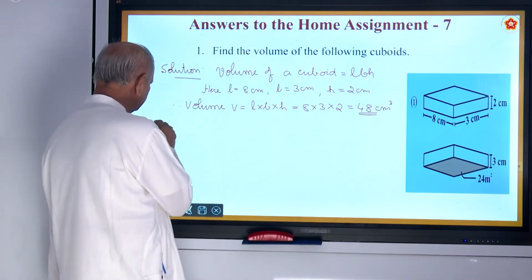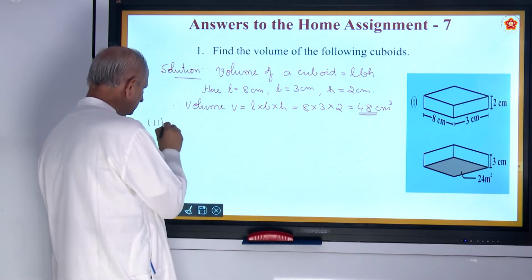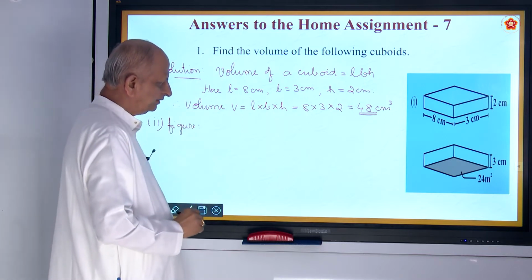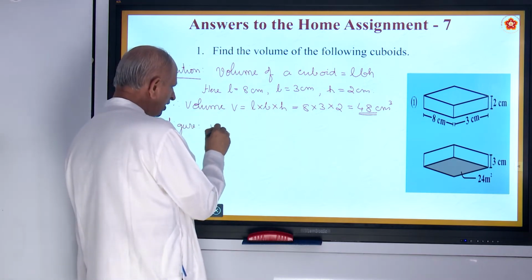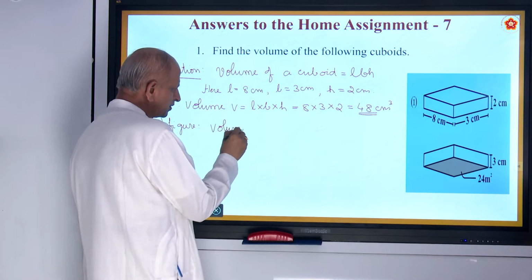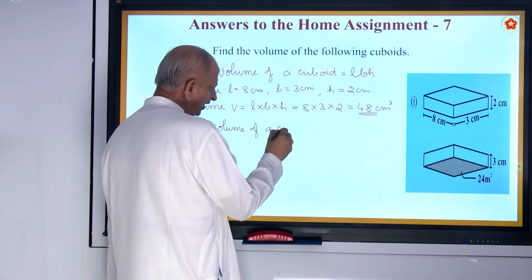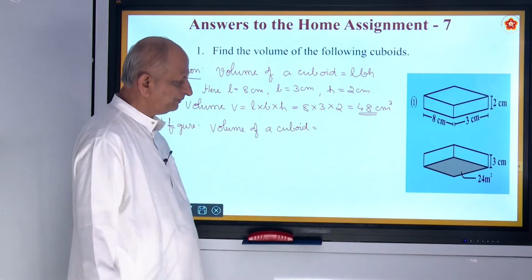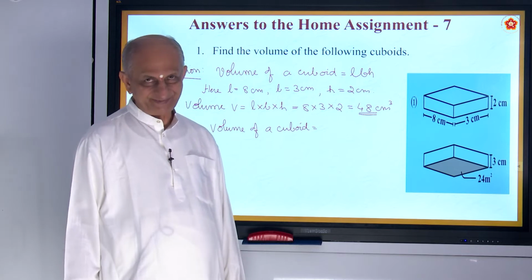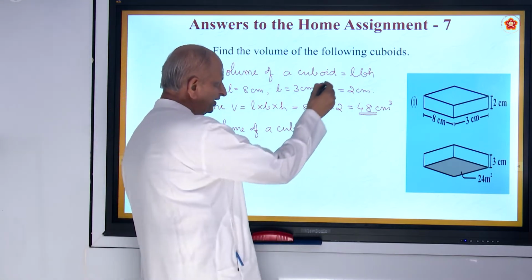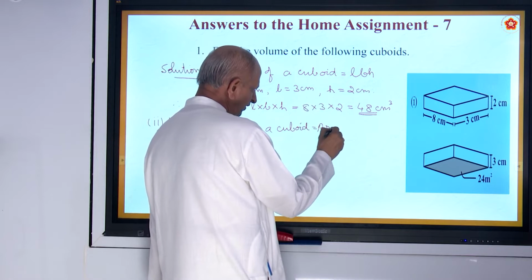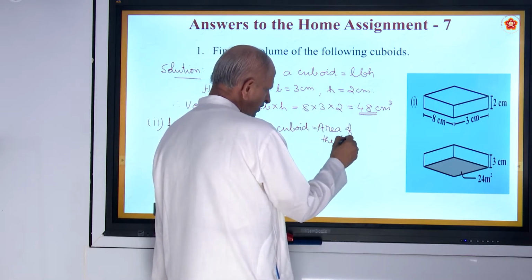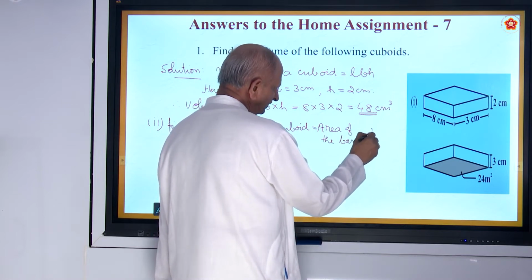In the second figure, volume of a cuboid. Here the formula is slightly changed because they have given the area of the base. Instead of writing LB, you can write area of the base into height.